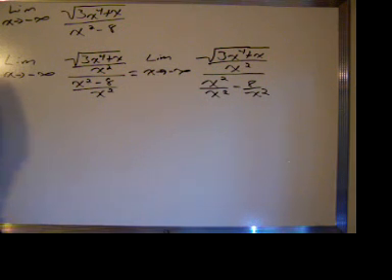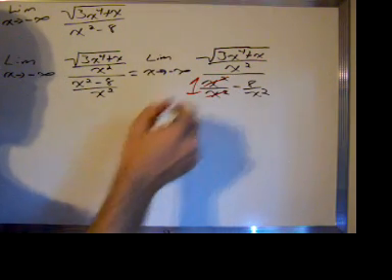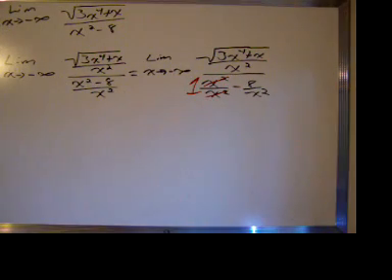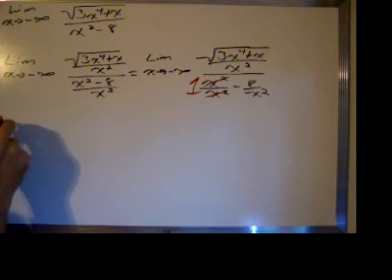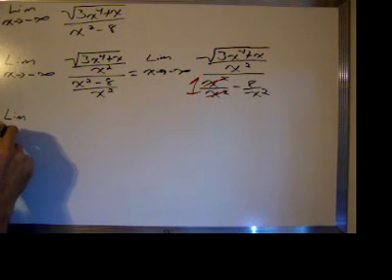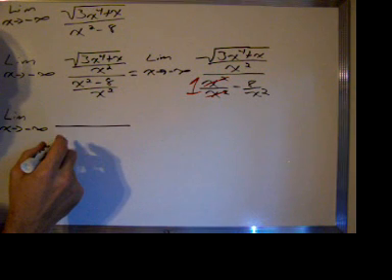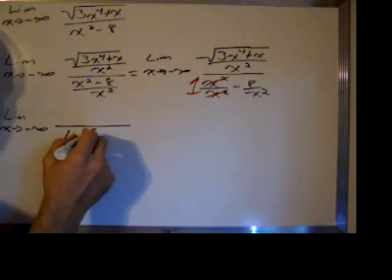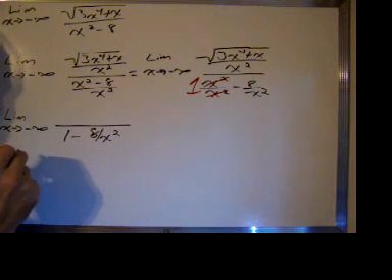Simplify. X squared over x squared is 1. So I'll rewrite the expression and take care of the numerator. So we have the limit as x approaches negative infinity, and we'll write the denominator first, 1 minus 8 over x squared.